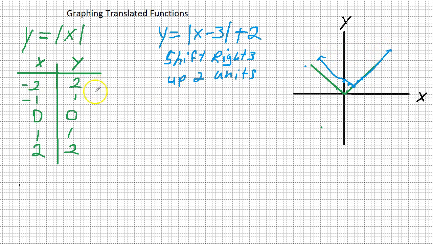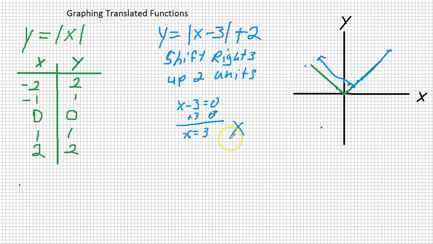Okay, now, I could have done this numerically as well. See, if I took that x minus 3 equal to 0, add 3, I get x equals 3. What does that mean? It means you add 3 to every x coordinate. And this here, our k is plus 2, so you would add 2 to every y coordinate.